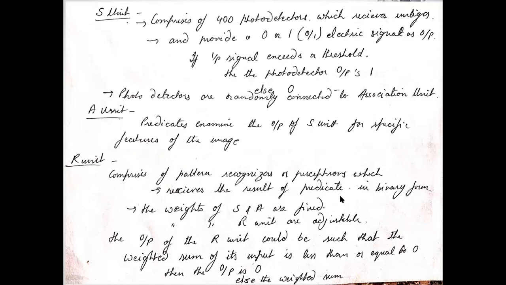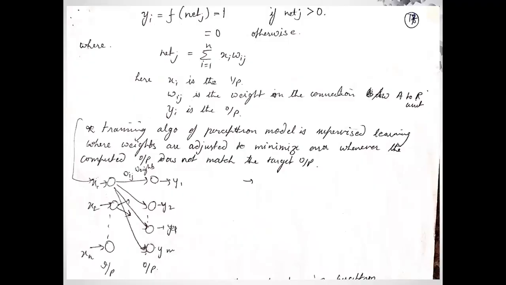Now, what does the output depend on? We always calculate the net output, right? In the earlier sections also we have done this: Y was the final output, and we calculate Y by passing the weighted sum through a function. This net j is the weighted sum.